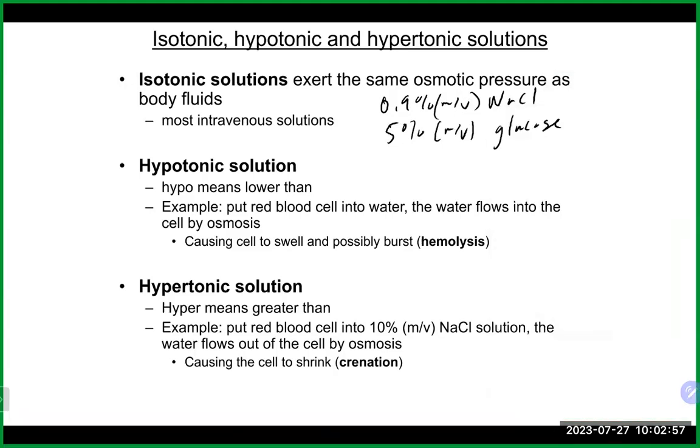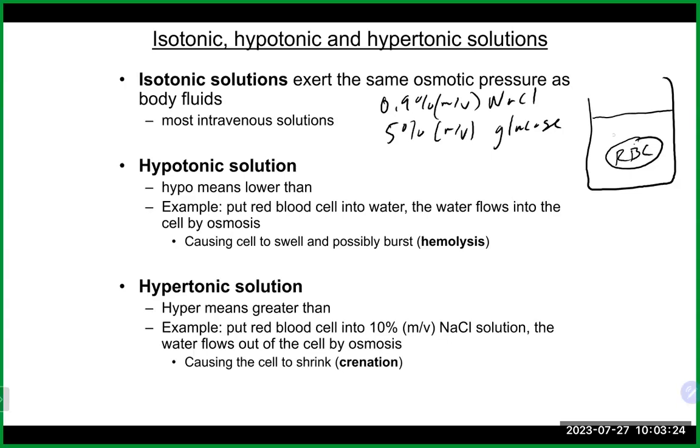And what that will mean is when you put something like a red blood cell, which is the common example for these things, which obviously has a membrane and works like a membrane, into an isotonic solution, the osmotic pressure inside the cell and outside the cell are basically the same.